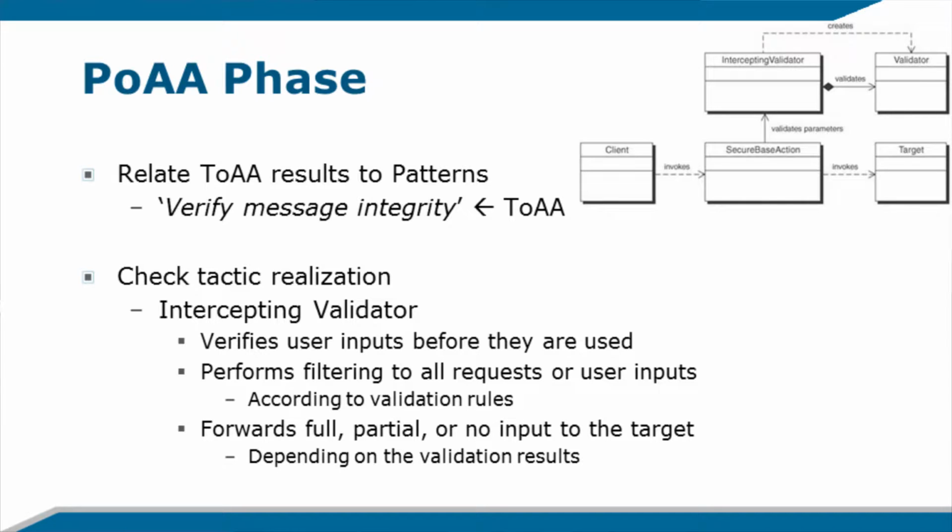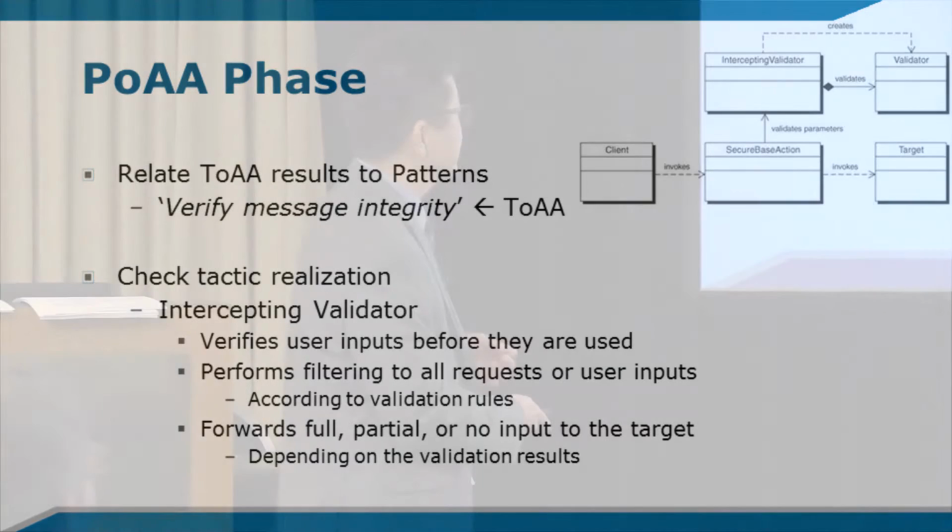This is why the exercise of mapping the tactics and the patterns is so critical, because if you don't make this step, you're just stopping at the tactic stage, and you end up not really implementing these great security ideas in your code. To give an idea of what intercepting validator is, it's essentially something that looks out for all the user inputs, and if the user inputs are suspicious, it will simply reject them, or if the user input is acceptable, it will pass it on.